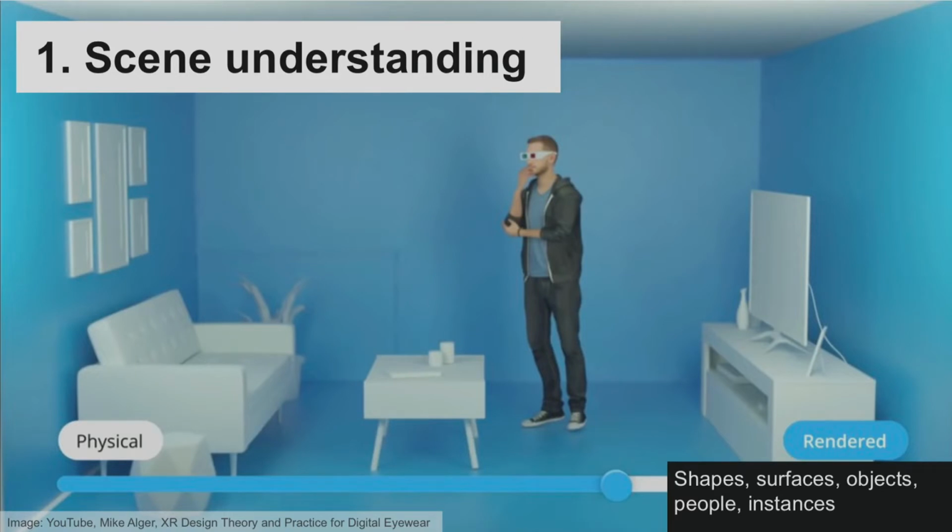Scene understanding, and I promised you in the notes that I will compare all the different technologies and how they contribute to the spatial environment. We need to have a lot of machine learning here, and we need a lot of optics which are able to recognize the physical world, recognize where there is a plane, maybe a horizontal plane, maybe a vertical plane, and then also classify those planes.